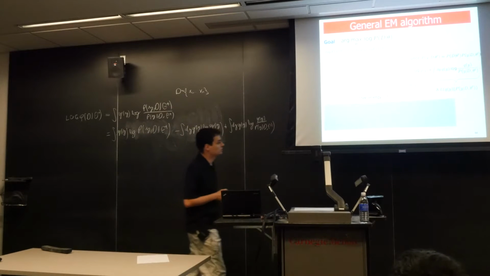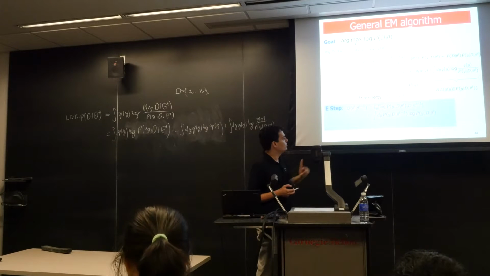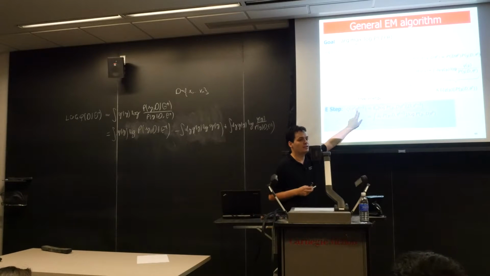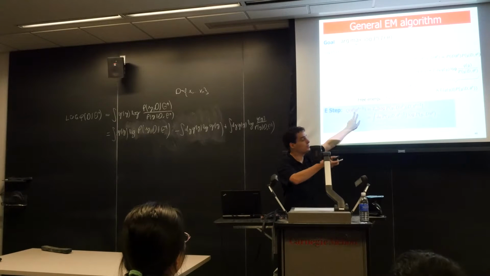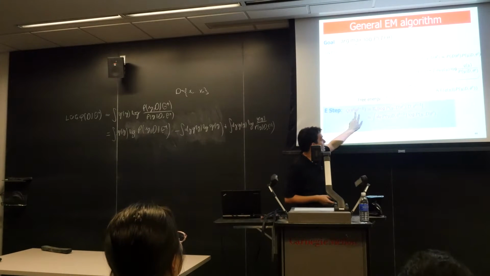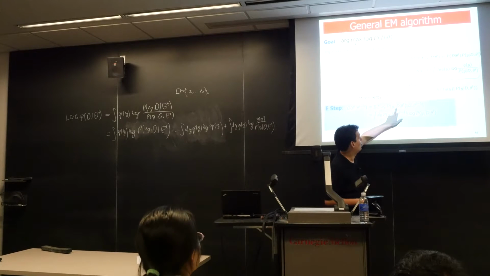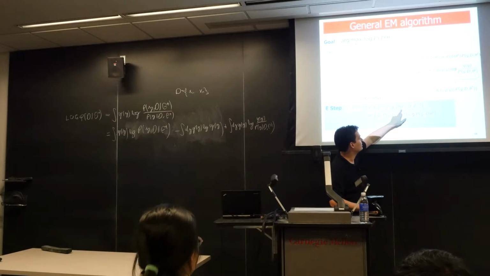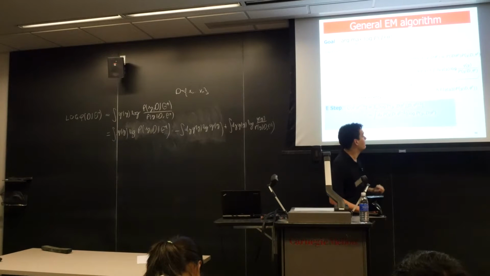Alright. And now, the E step of the EM algorithm is that we create a function Q which will depend on the parameter in the previous iteration, theta t minus 1, and the parameter on the next iteration, theta t. It's nothing else, just the expected value of the log of the joint distribution of y and our data, given the parameter theta, and given the data and the parameter theta t minus 1.